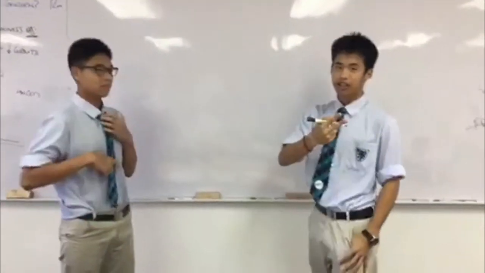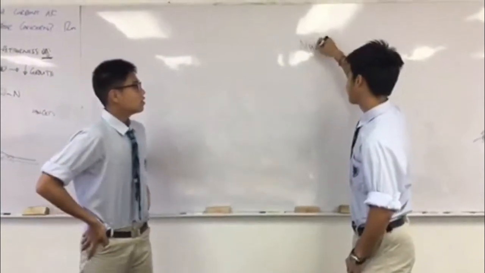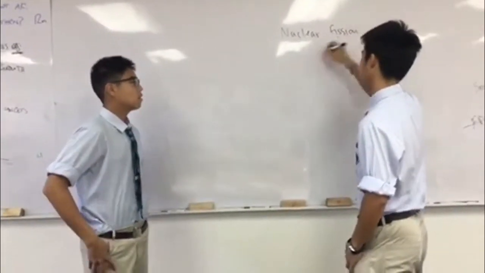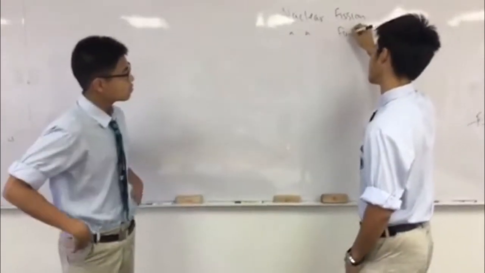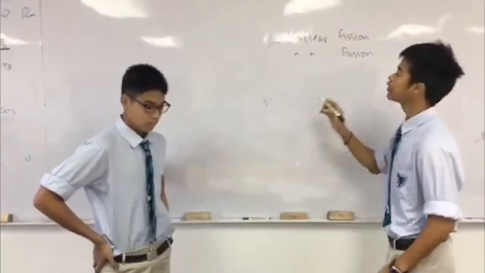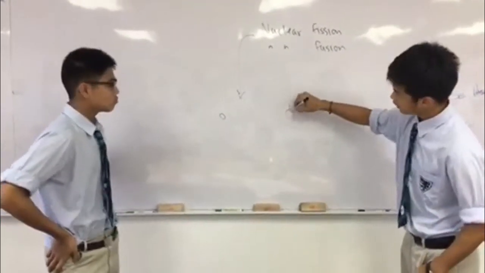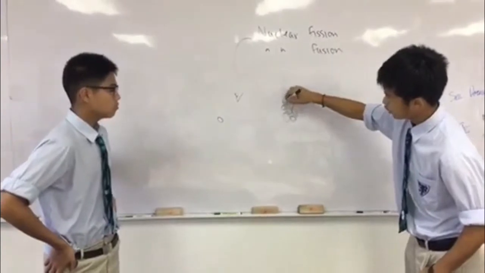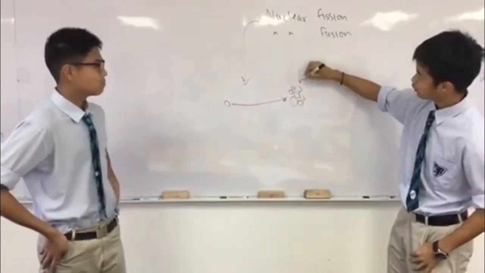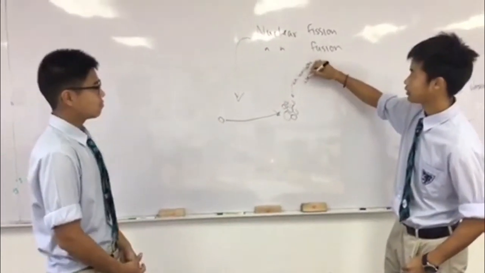So there are two types of process which will produce nuclear energy. It's called nuclear fission and nuclear fusion. First, let's talk about nuclear fission. This is an industrial process where they will shoot a neutron, pew, boom, to an unstable atom.